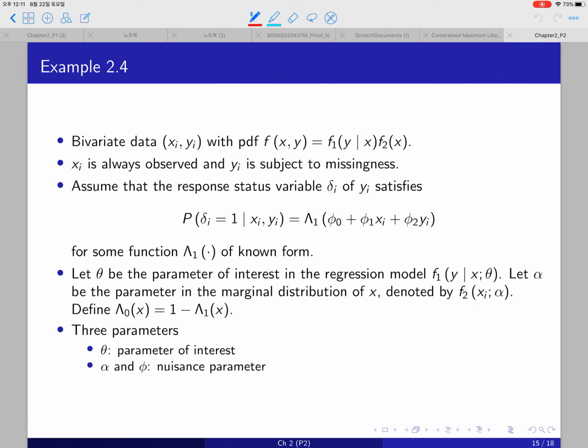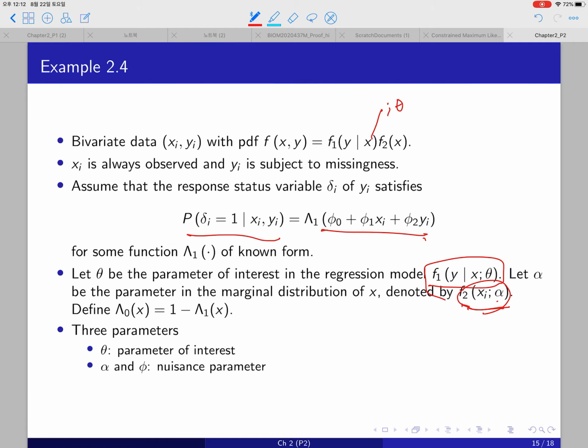In this example, the main parameter of interest is the parameter theta. Suppose we also have a marginal density of x with the parameter alpha, and then the response mechanism has a parameter phi.